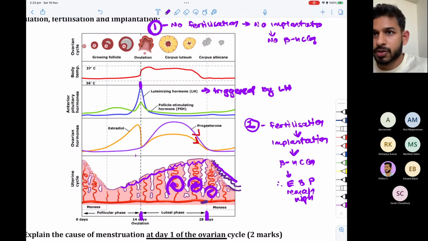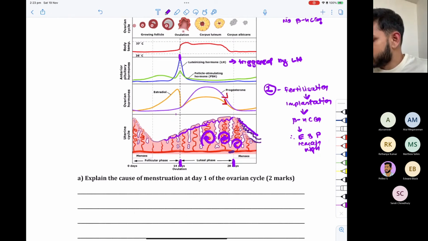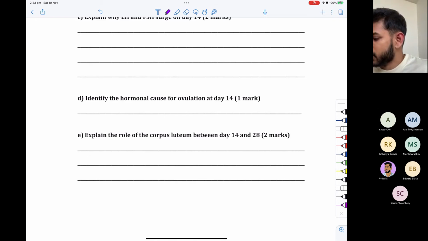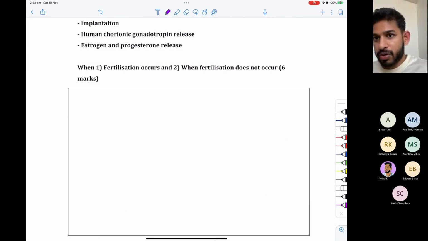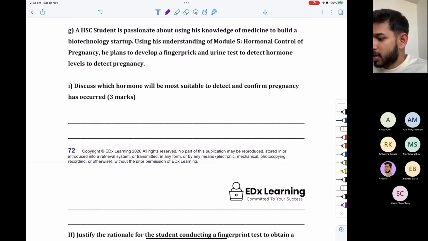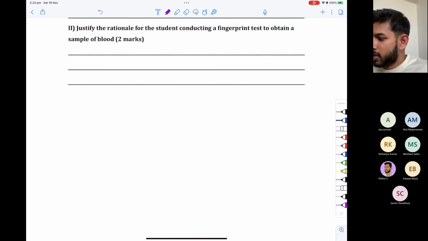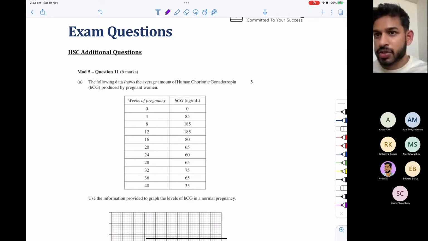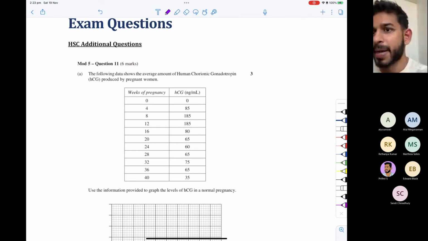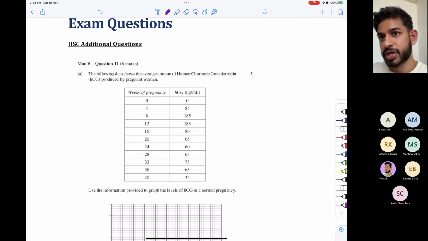Good. Good job. All right, what we'll do now is we will jump down to talking about hormones in birth. So you can do these questions in your own time about flowcharts, but we'll move on. And you can see here is an additional HSC question, which is testing you about beta HCG levels and how they change during the course of pregnancy.